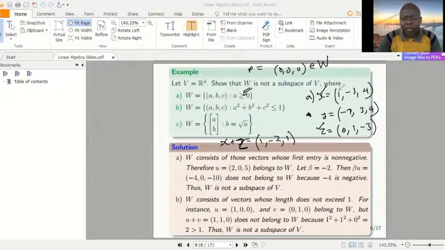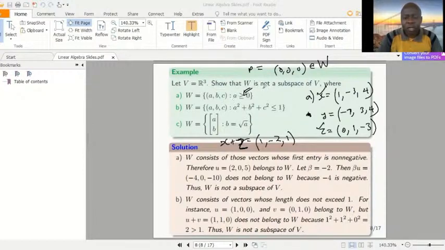This plus that will be 1, this plus that will be -2, 4 plus that will be 1. And I can see the new vector formed is in W because the first element here is greater than 0. So that means X plus Z will be in W. That means this set is closed under addition. The closure property under addition is satisfied.